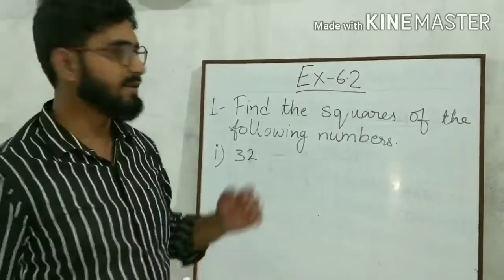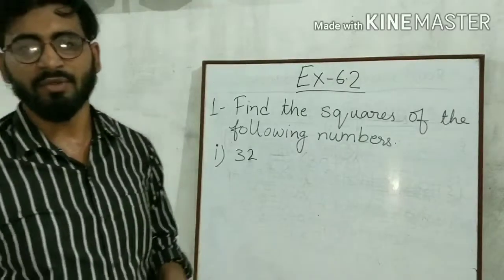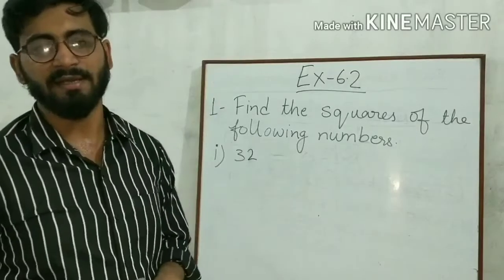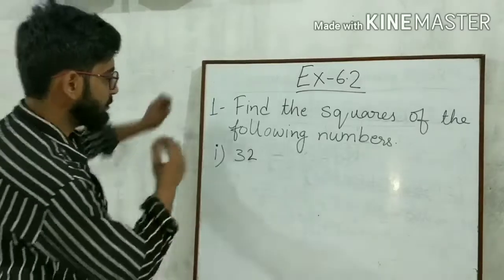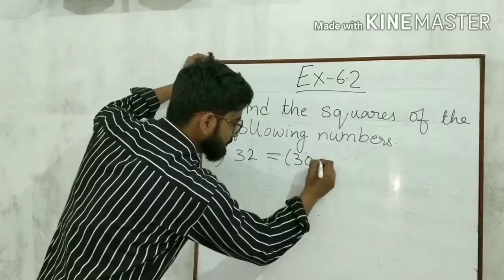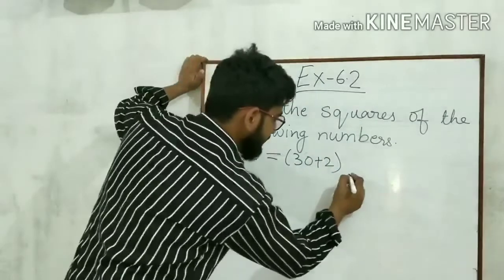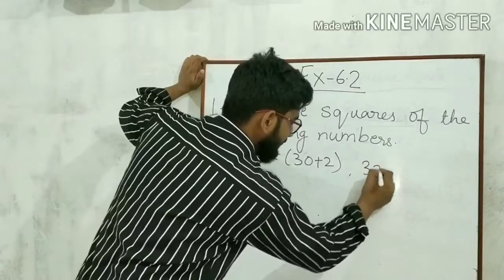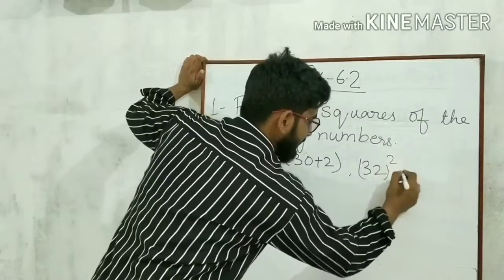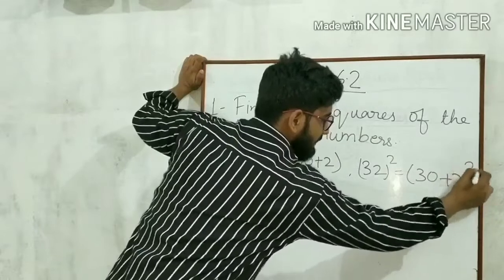First question is, find the square of the following numbers. The first part is 32. You have to find the square of 32. So you can write 32 as 30 plus 2. Any problem? That means 32 square can be written as 30 plus 2 whole square.